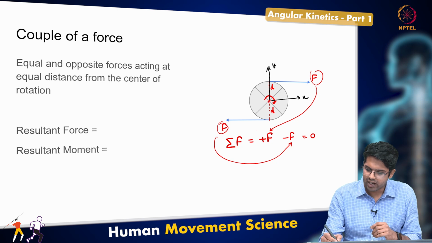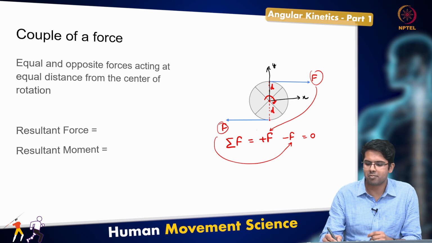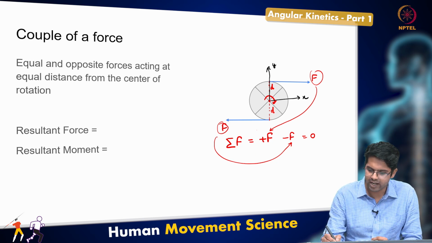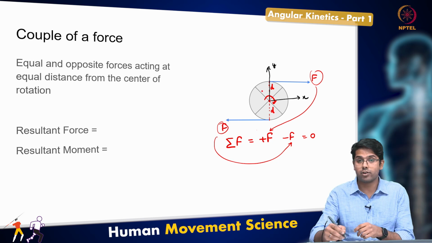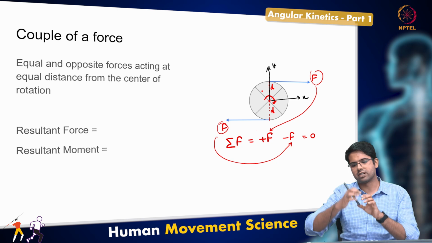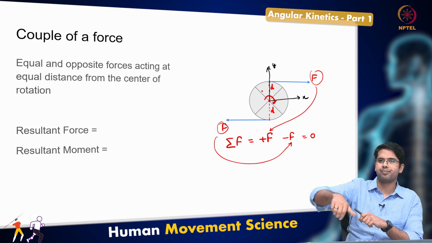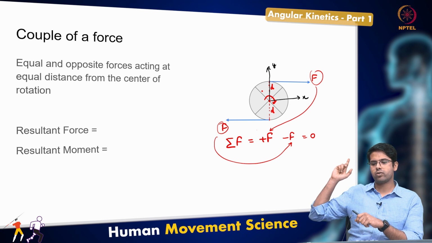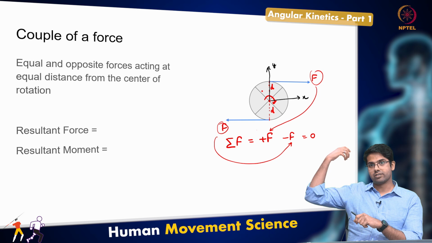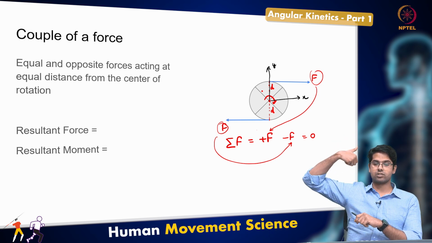This force will apply a moment about this, which is F times this little d. This force will apply a moment about this, which is again F times little d. And if you notice, both are causing the rotation in the same direction, same sense, right? Both are causing it to rotate in a clockwise direction, so it's causing it to rotate like this, like so.